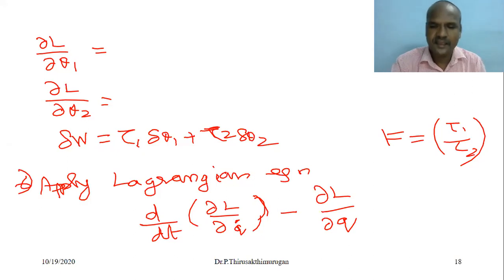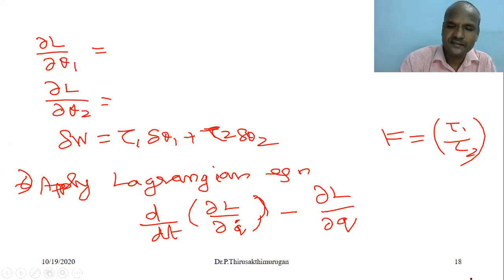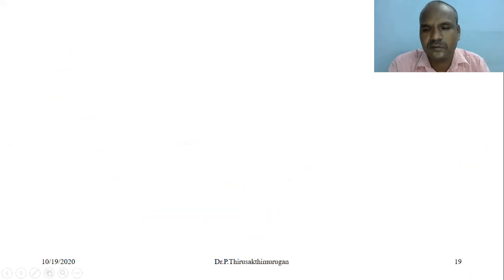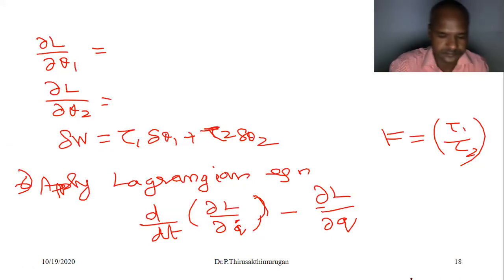So this is the Lagrangian equation. This expression is equal to F. So this is the final step for calculating the dynamic mathematical model of the system.